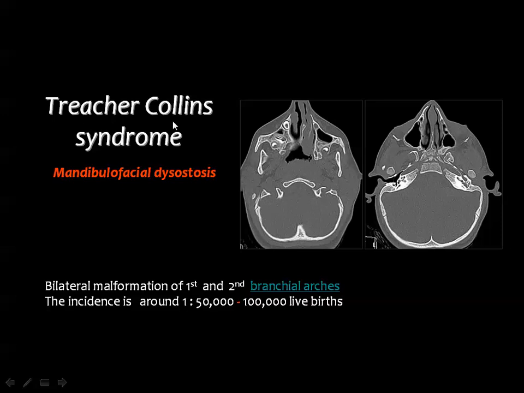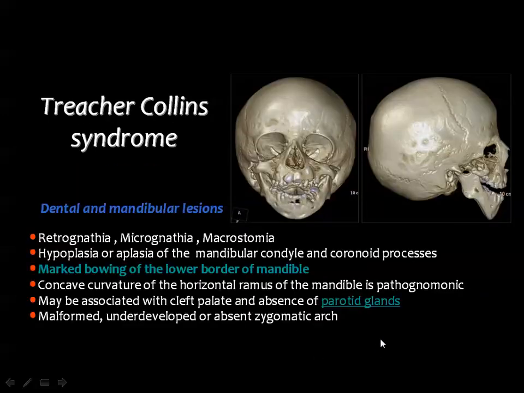You may get to the Treacher-Collins syndrome, and this is a very rare anomaly also, and it affects mainly the mandible and the zygomas as well as the zygomatic arches. Then one of the diagnostic features which is best appreciated on 3D CT scan is the bowing of the lower border of the mandible.